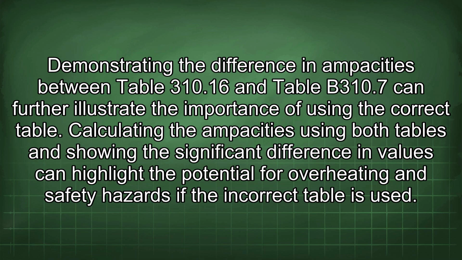Demonstrating the difference in ampacities between Table 310.16 and Table B310.7 can further illustrate the importance of using the correct table. Calculating the ampacities using both tables and showing the significant difference in values can highlight the potential for overheating and safety hazards if the incorrect table is used.